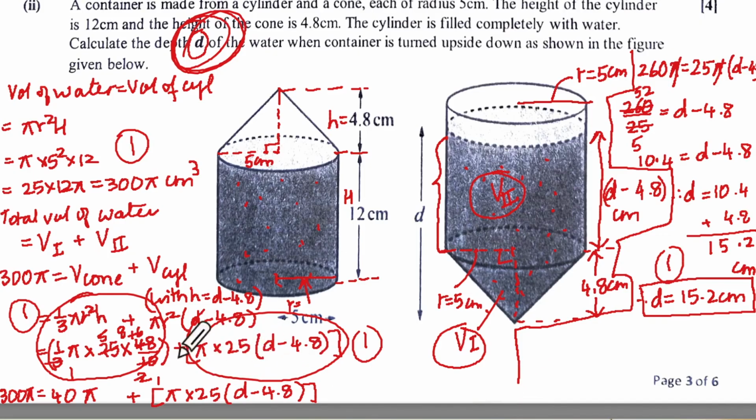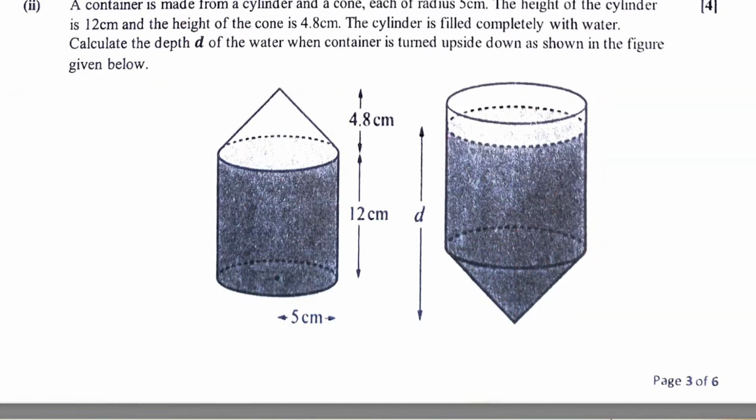Do not take out 25 pi common, because your teacher can give you marks if you solve this to get 40 pi, and if you solve this way, then 40 pi goes that side. It is easier for your teacher to understand that you got this calculation correct and this calculation correct. So that is the reason why I did not take out 25 pi common. All right, understood, right? Yes, ma'am.